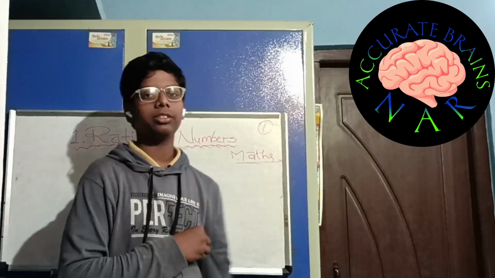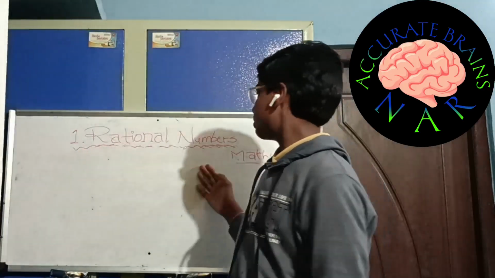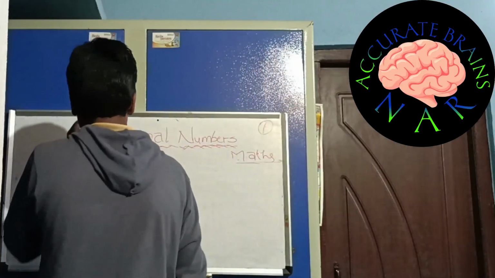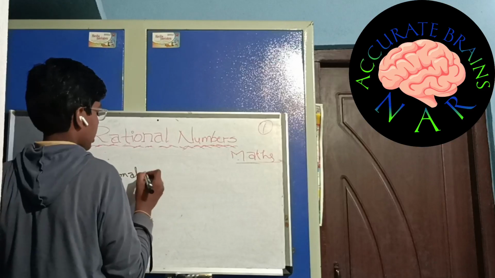Today we are going to start a new session called Maths IIT. Our first topic will be rational numbers. Coming to the point, rational numbers, as we discussed in the maths basics class.